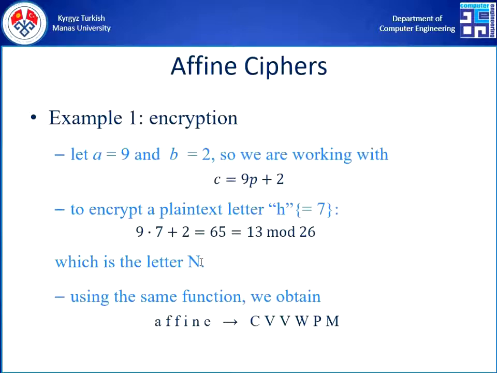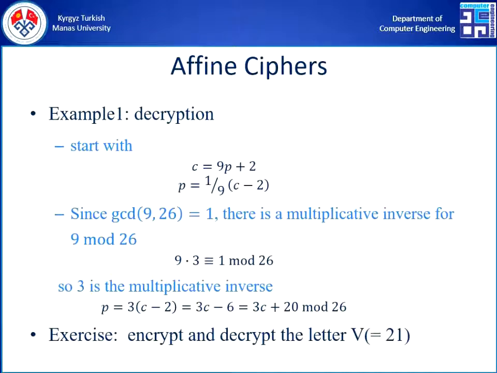So using the same logic, we can encrypt every single letter of the word affine to obtain this ciphertext. Let's decrypt it. For decryption, we will start with the encryption algorithm. The natural way to find the plaintext from this equation is, without taking the modulo part into account, to calculate p as c minus 2 divided by 9.